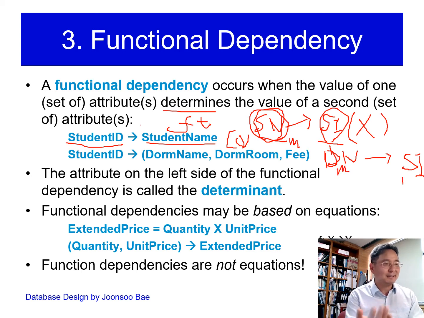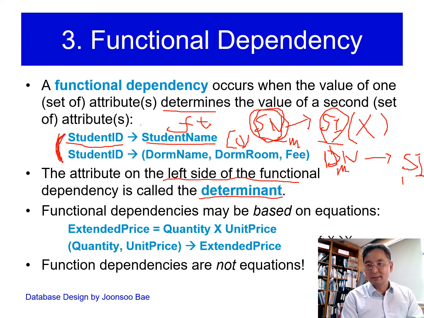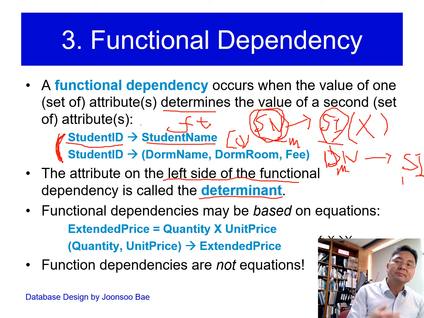So it is not a function. If you extract or identify this kind of functional dependency, then the left side of the functional dependency is called the determinant. So you must decide if it is a function or not based on logic.